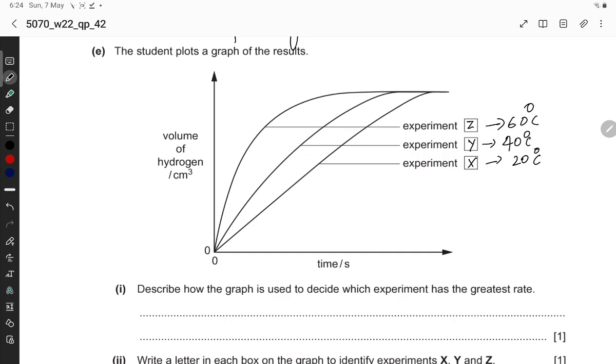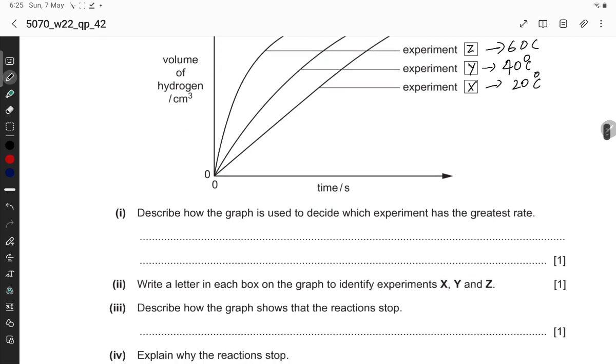Describe how the graph is used to decide which experiment has the greatest rate.